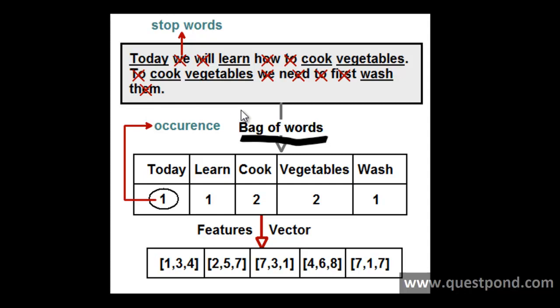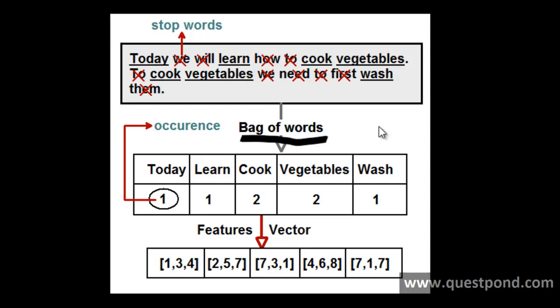Now from this, I can extract important words which represent these two sentences. For example, you can see I have extracted today, learn, cook, vegetables, wash. Bag of words does not check grammar. It does not check the position of the word. It just tries to extract important words.